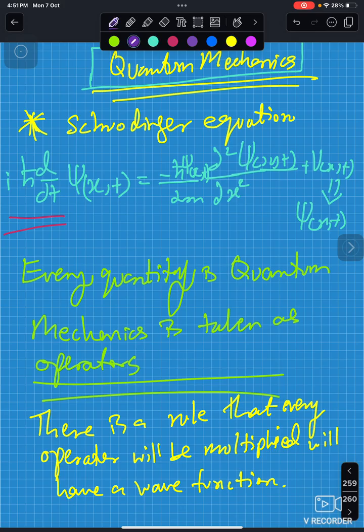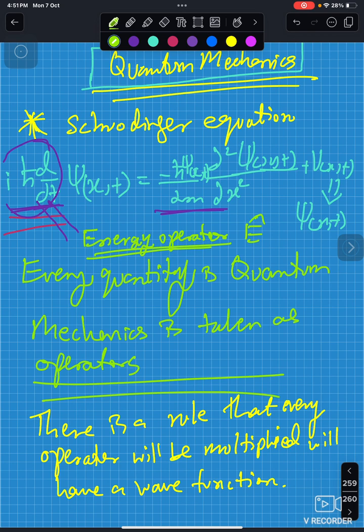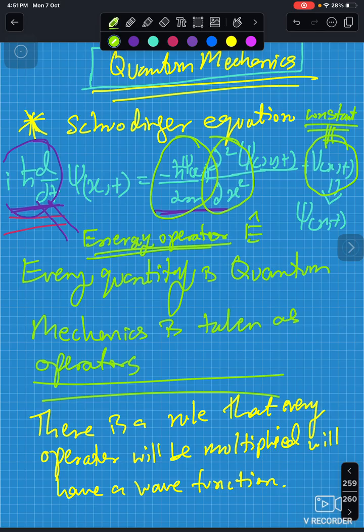As we see here, it's applied to this one over here, then over here. This is actually an energy operator. These operators have some special symbols like this, and this is the momentum operator, this is the gradient operator, and potential energy is a constant.